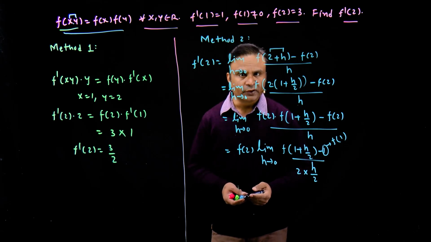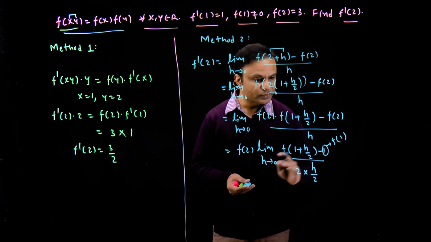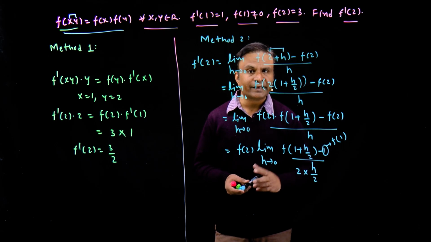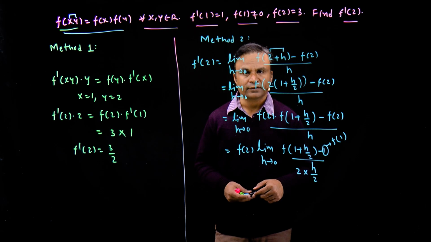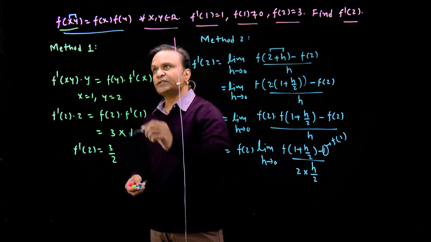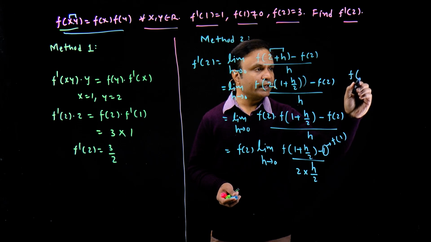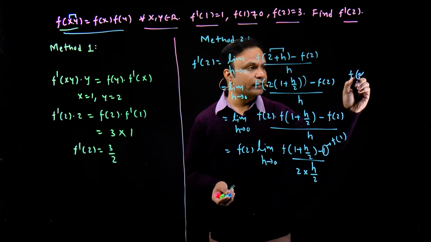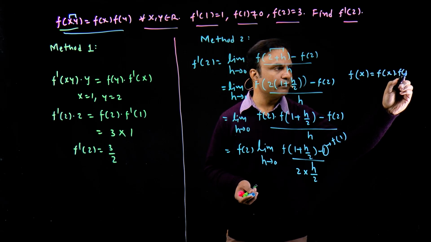Now f of 1 is not given, and we confirm that this must be 1. How can I verify this? Why f of 1 is 1? We can get it from this relation. In this I will put y is equal to 1. So I get f of x is equal to f of x multiplied by f of 1.